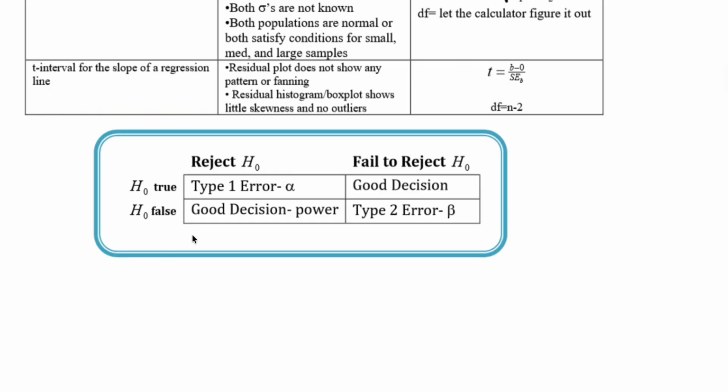If we reject the null hypothesis and in reality the null hypothesis is false, then it's also a good decision. That's power. Power just means we successfully reject the wrong null hypothesis. But if we fail to reject the null hypothesis, knowing the null hypothesis is false, then we made a type 2 error, which is beta.